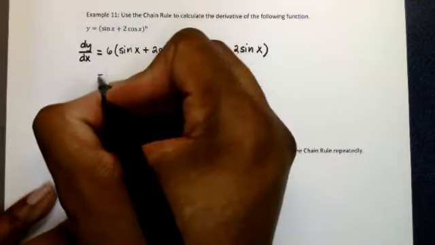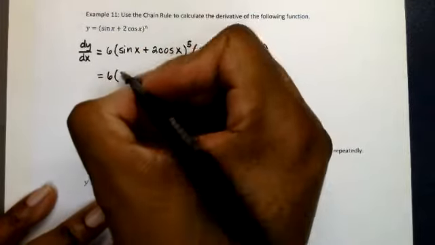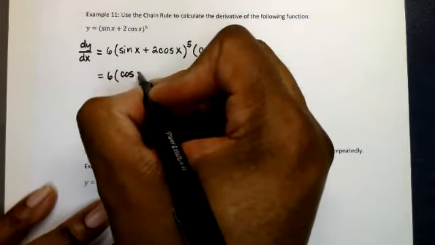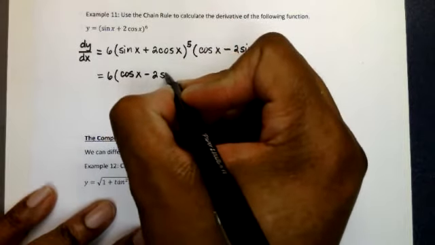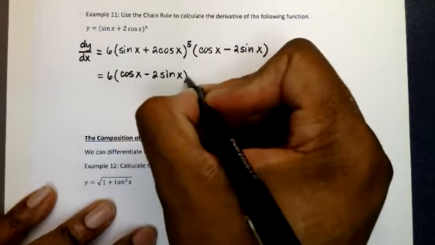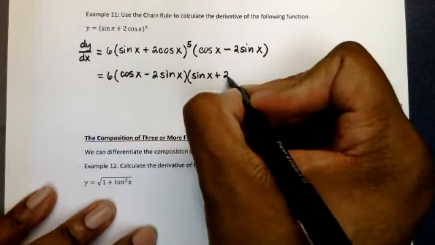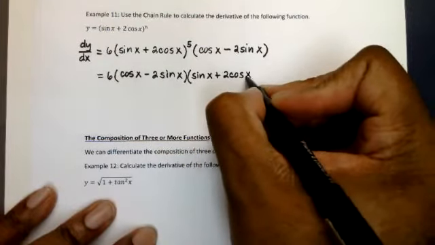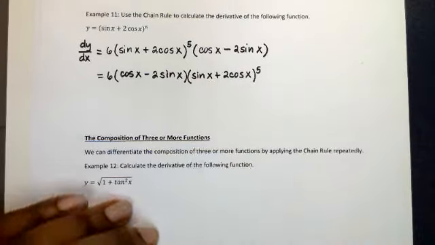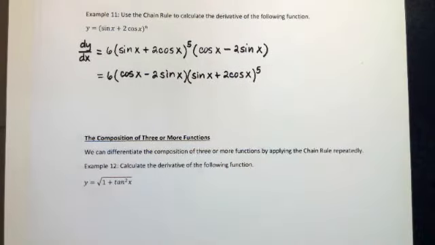They might want something like 6 times, and then they put cosine of x minus 2 sine of x in front, and then they put the sine of x plus 2 cosine of x, that quantity to the 5th, behind it. All right, and it all depends upon what they want in my math lab.